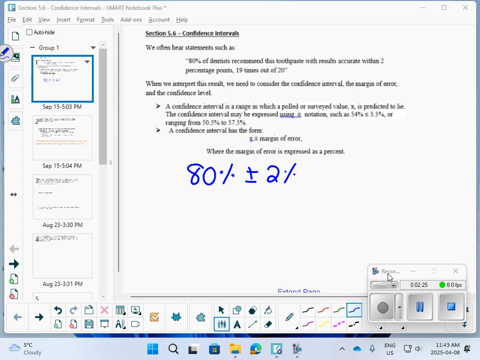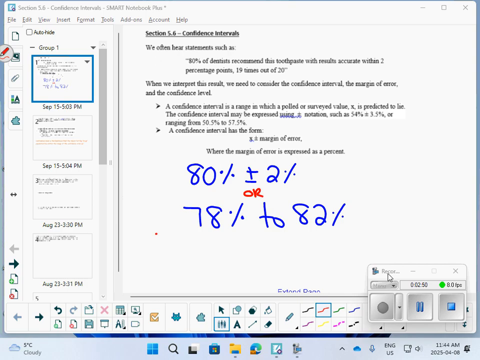I can write it like that, or I could actually do the math part. So I could subtract 2 from 80, which would be 78%, and then I add 2% to 80. Okay, and that's the interval. So from 78% to 82%. Either way you want to write it is fine.